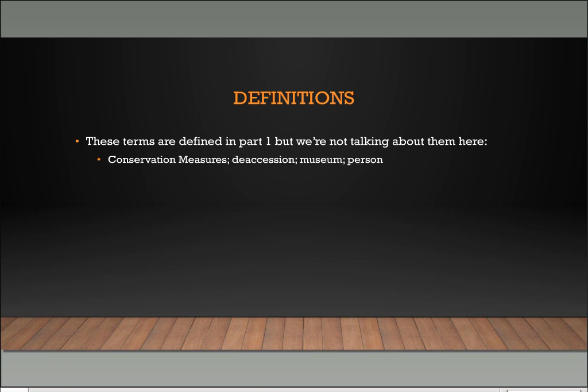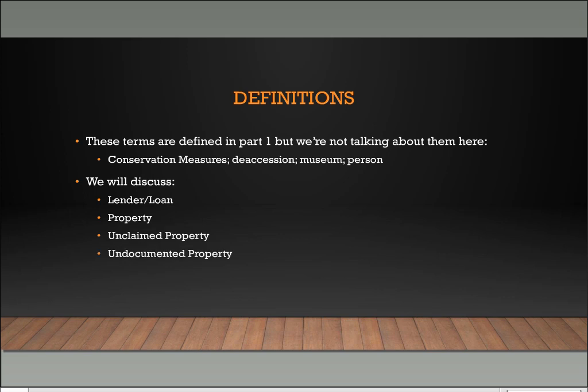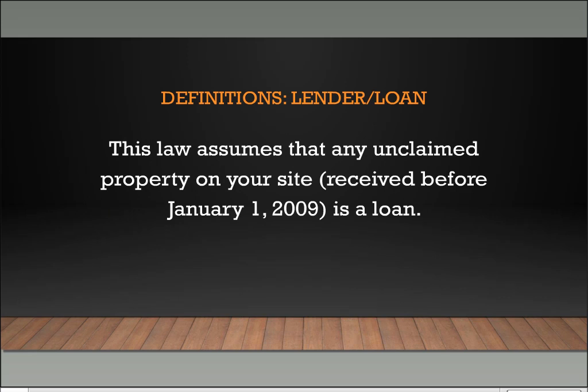All right, so first things first, we're not going to talk about the definitions of conservation measures, deaccession, museum, and person, because those things are generally agreed upon definitions. We are going to talk about what lender and loan means in the context of this law, what property means, what unclaimed property means, and what undocumented property means.